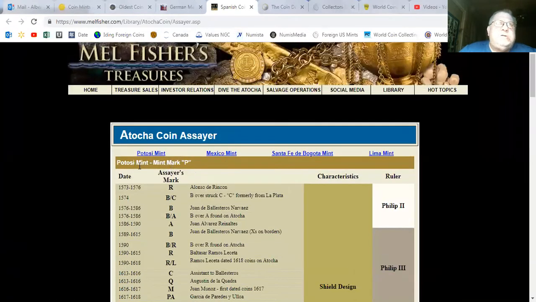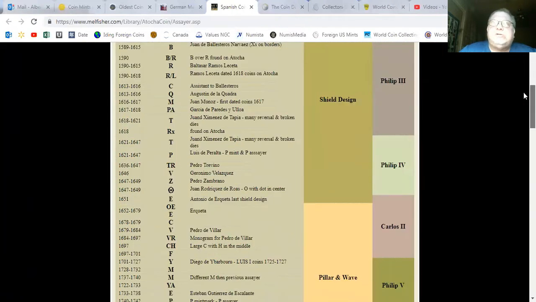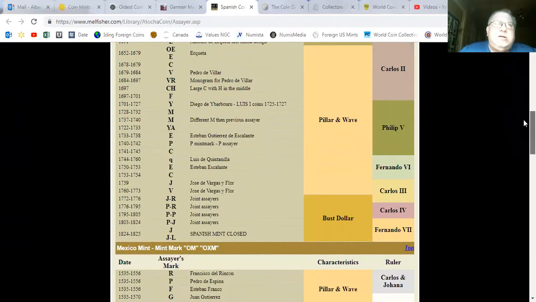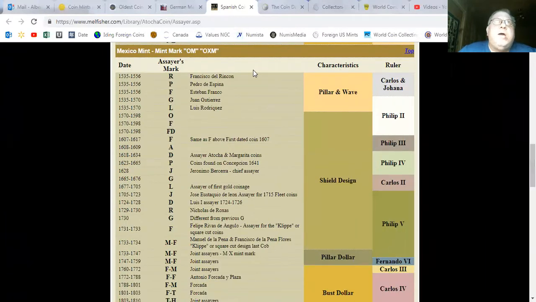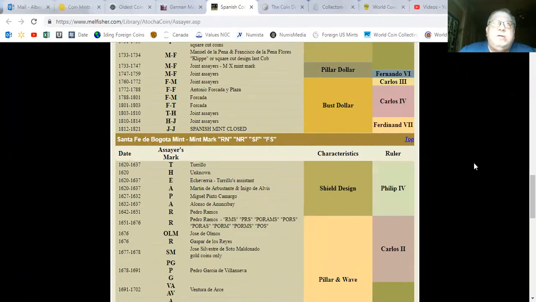The mint mark P is for the Potosi mint, which is closed now. Potosi. This is in Mexico. Then you got the Mexico mint, which is the OM or even OXM. Could have the OXM on it. Now you're talking Spanish reals. I don't have any. Spanish mint closed. Okay.